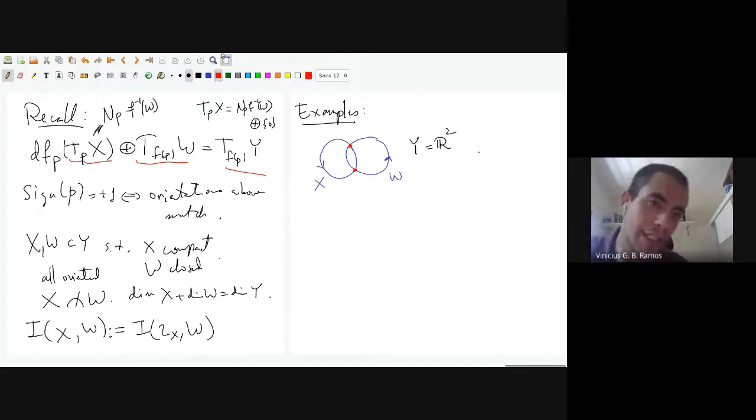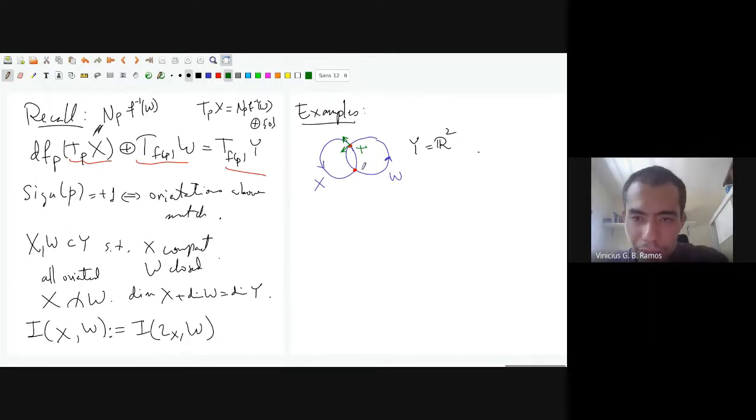Well, you look at this equation, and say for this point, you have the tangent space to W here, let me use a different color, the tangent space to W and the tangent space to X. And according to this equation, first I put the tangent space to X, and then I include, which doesn't do anything, and then I look at the tangent space to W. And that order has to give me the orientation of R2. So it does. If you first put X and then you put W, then you have the right orientation in R2. So that means that this point is a plus.